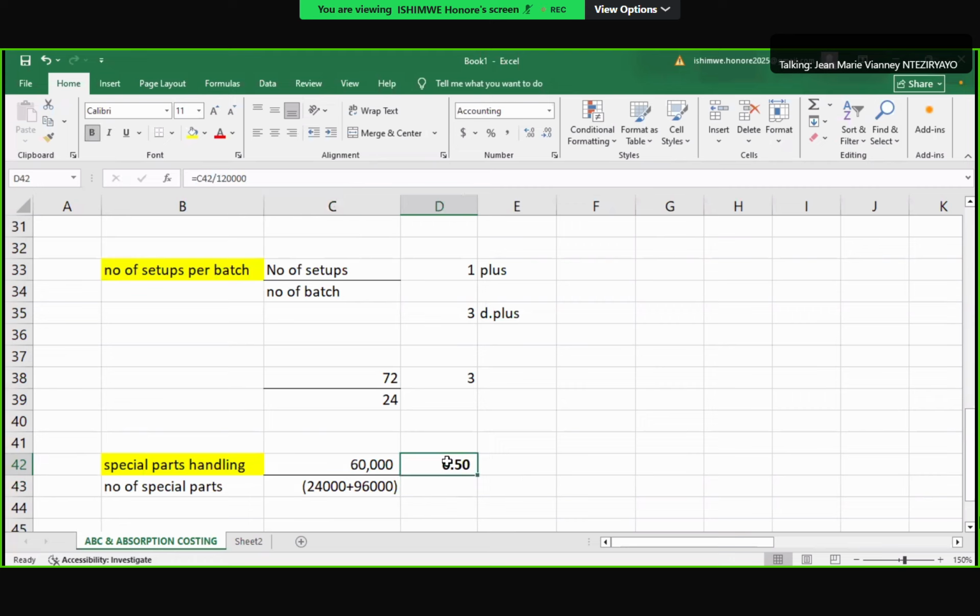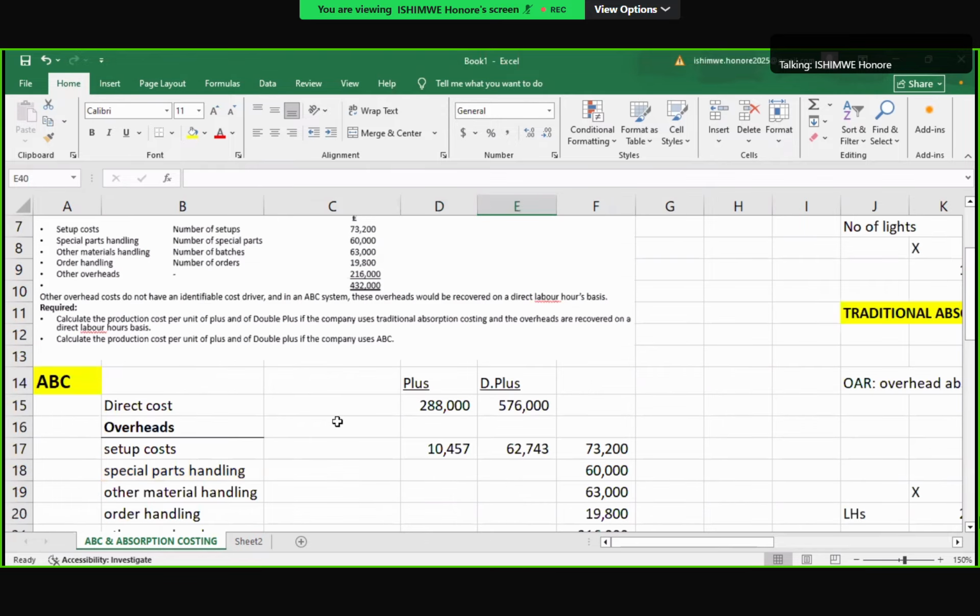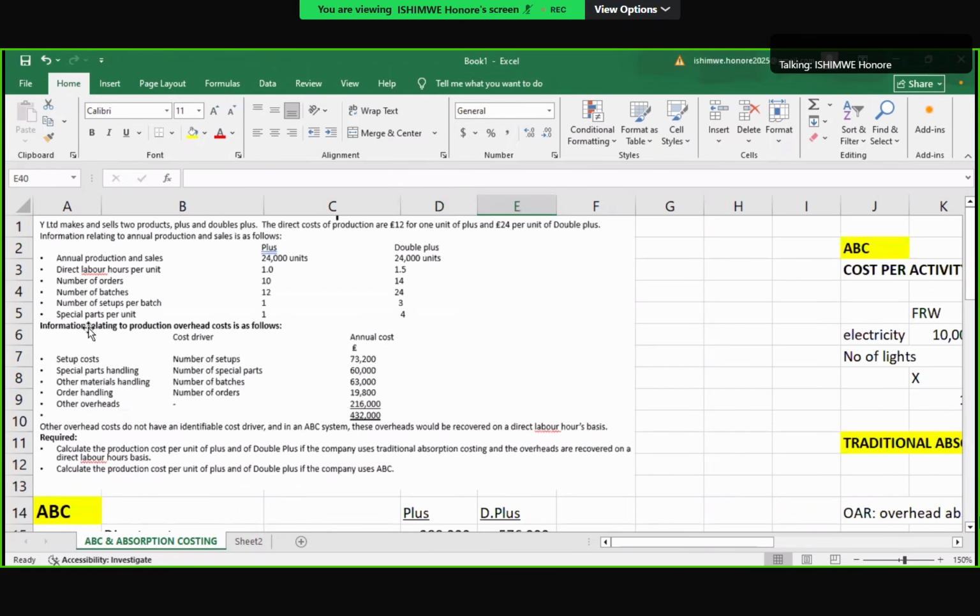How do we use the special parts per unit? No, I'm not using the special parts per unit. The information is giving us special parts per unit, but they said we have to use the number of special parts. And remember, this overhead cost is for the whole units they produce.